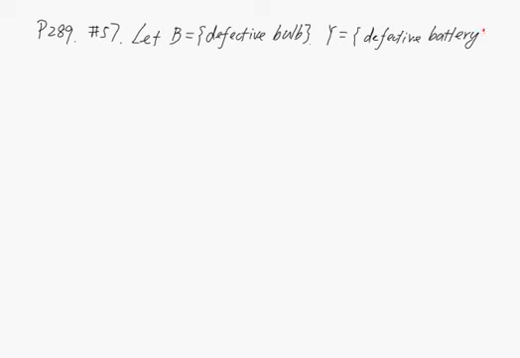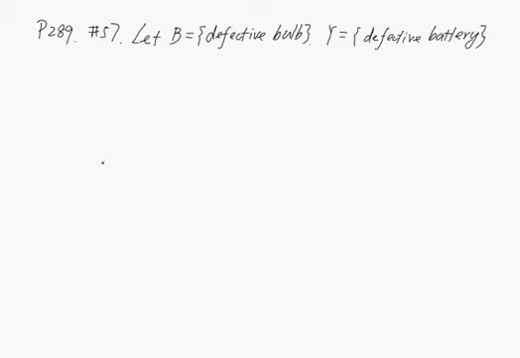So let B be the event defective bulb, and let Y be the event defective battery.